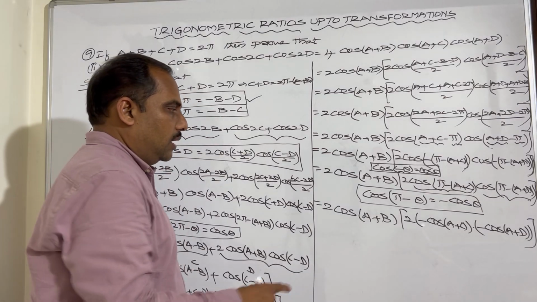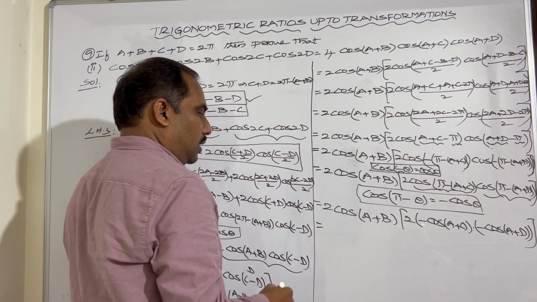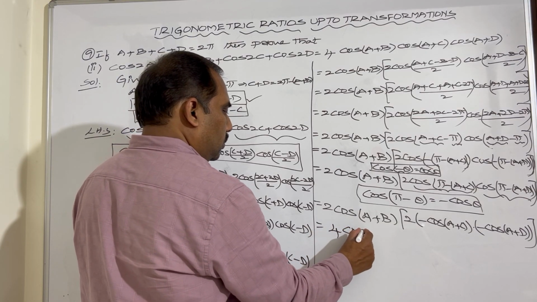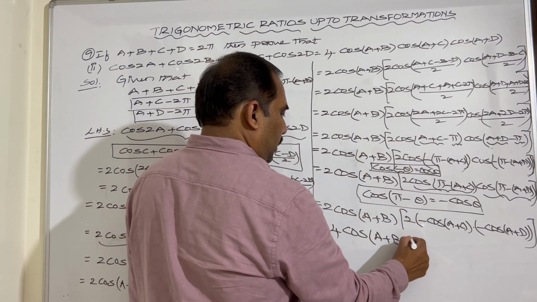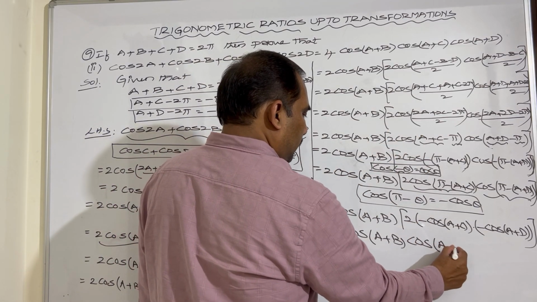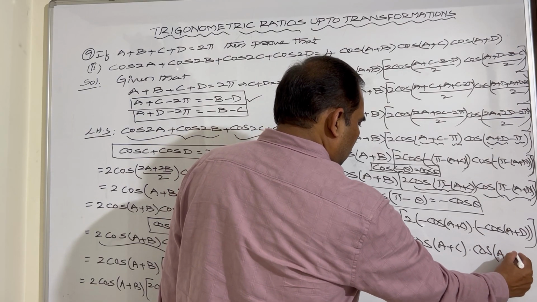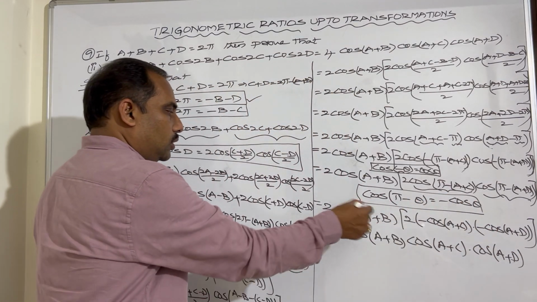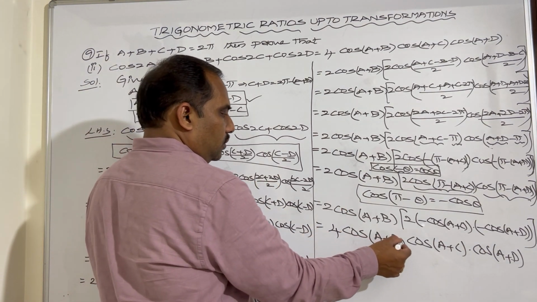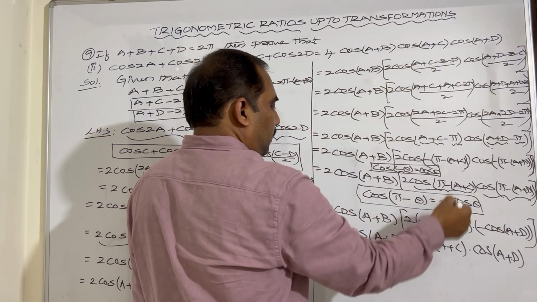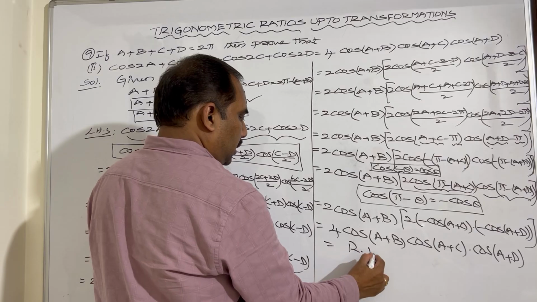Observe here, minus into minus becomes plus. Now if you multiply everything, minus into minus becomes plus, 2 into 2 is 4. Finally we get 4 into cos of a plus b into cos of a plus c into cos of a plus d, which is equal to RHS.